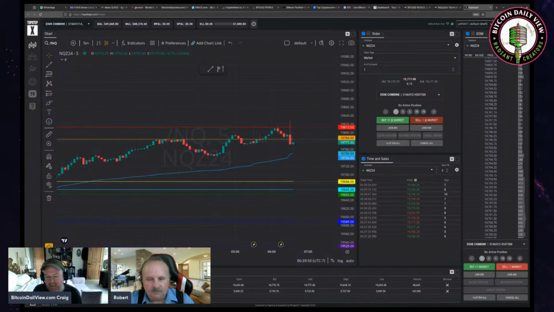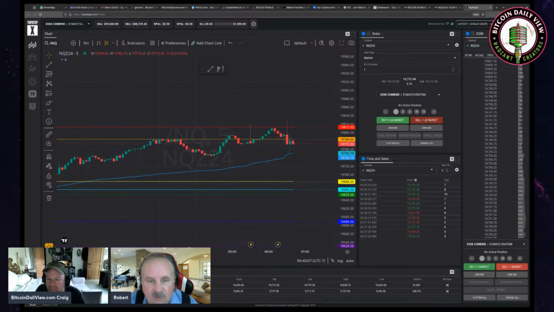To sell, if I wanted to short, I would just hit sell right now. Yeah, you just hit the red sell button. So you're trading the NQZ, and you just hit the red button to short it.